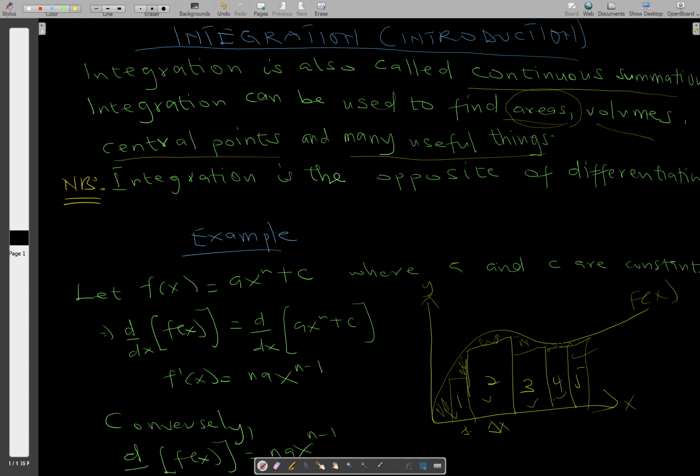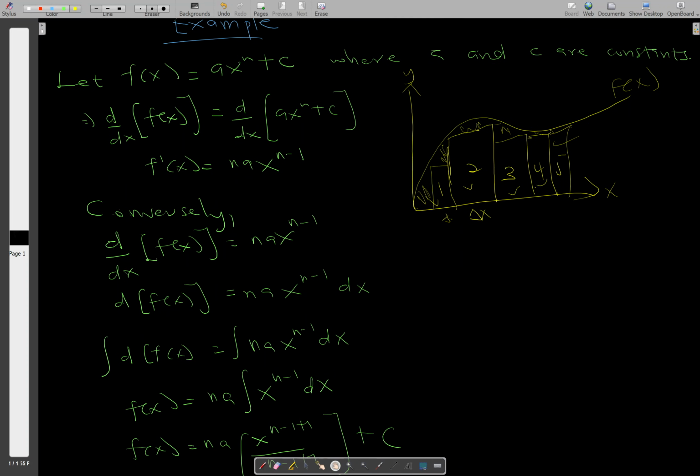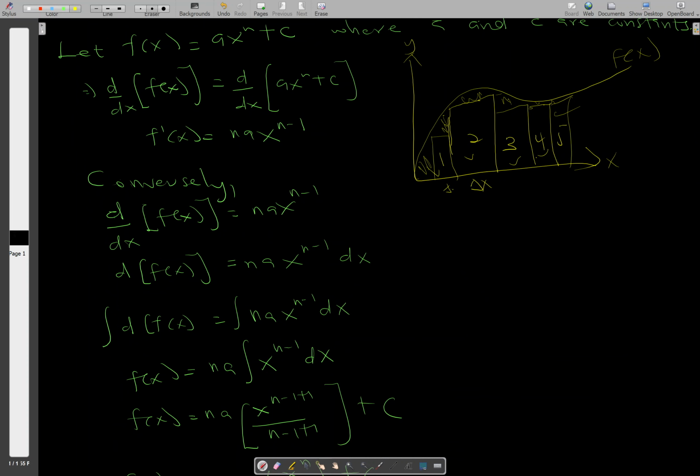And we can improve this result by minimizing the width. When we do that, this is how it's going to be.